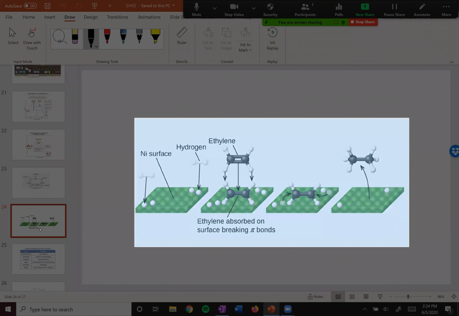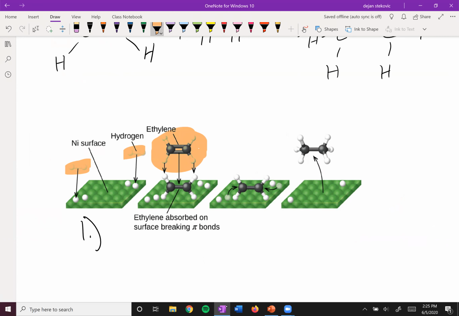So first these hydrogens get adsorbed onto this surface, and then this ethylene, this carbon-carbon double bond, gets adsorbed onto it. Then this second step is some kind of activation here. And so basically what this is doing, this metal is interacting with this pi bond, this double bond, and making it easier to react.